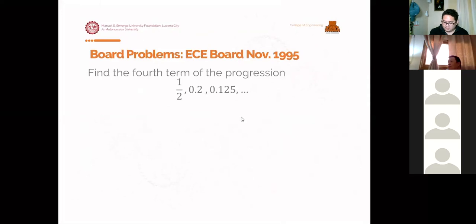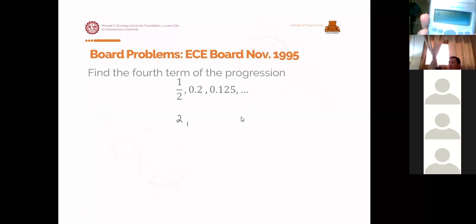Pag chinek mo, 0.2 minus 0.5 is negative 0.3. Tapos 0.125 minus 0.2 is negative 0.075, malayo dun sa unang difference. So, balikan mo yung terms: yung 1/2 magiging 2 over 1 or 2 na lang. Yung 0.2, pag inano mo sa calcu, ang lalabas ay 1 over 5.